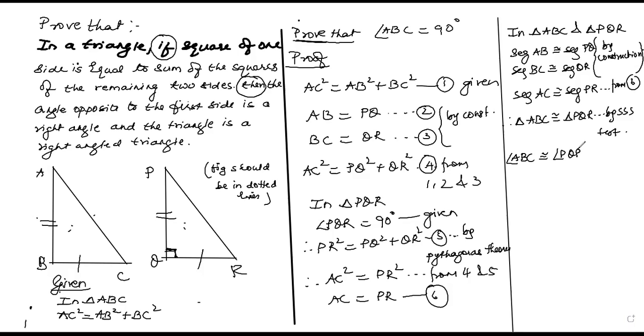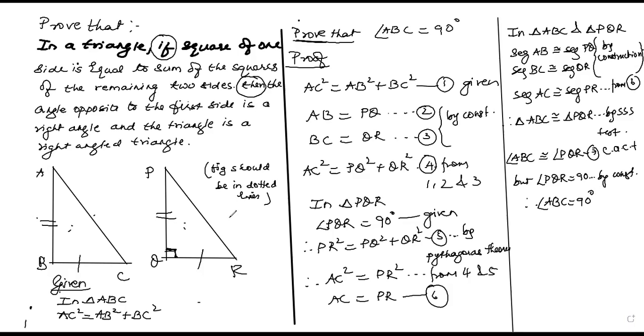Can I say statement number 7? CACT, corresponding angles of congruent triangles. But what is PQR equal part? PQR equal 90 degrees by construction. Therefore, can I say angle ABC equal 90 degrees.